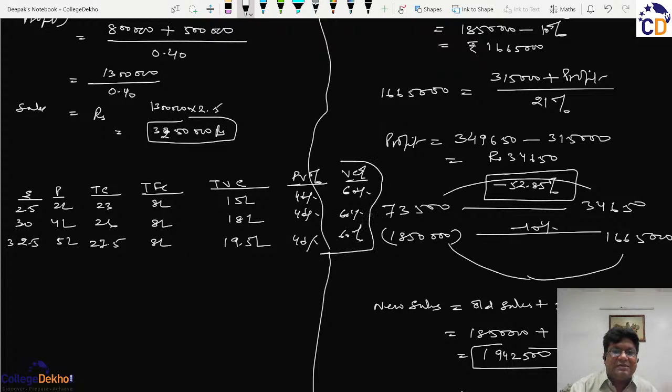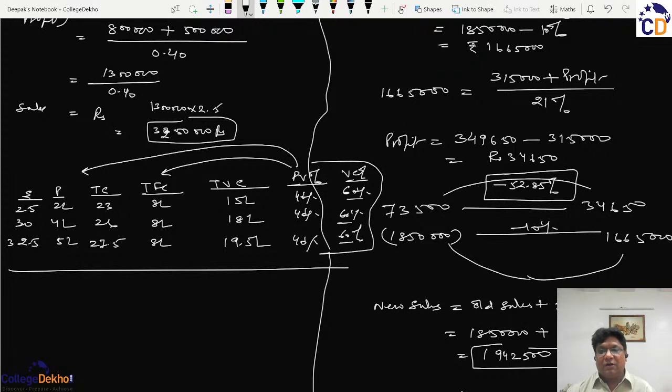So if in any quarter there is an increase or decrease in the variable cost ratio, it will affect the PV ratio, and then the whole concept of profit calculation and fixed cost calculation will change, and the solutions will be done separately.